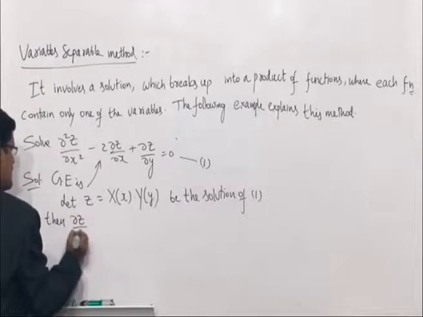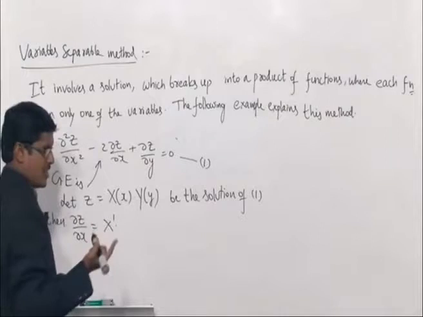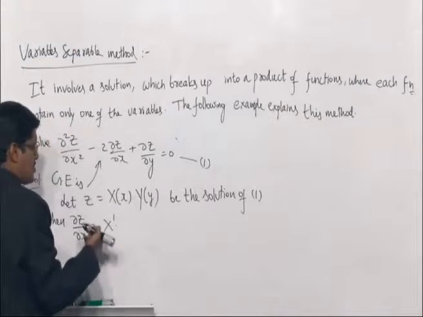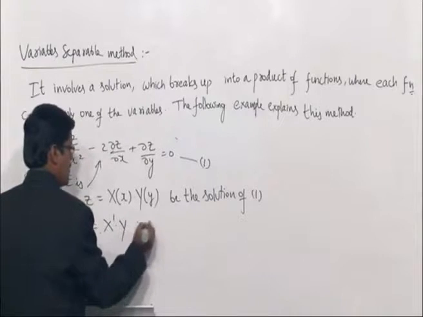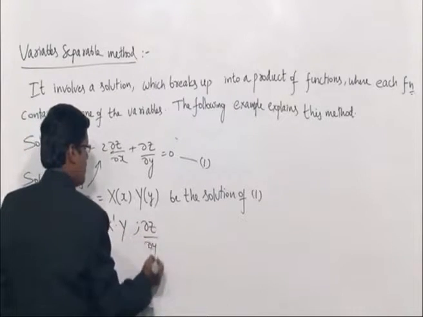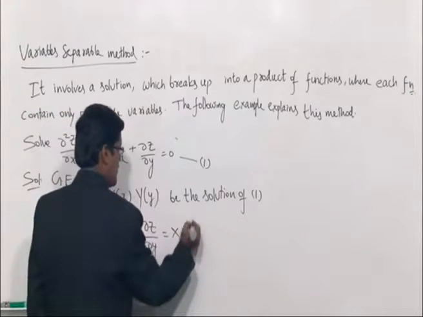What is del z by del x? Partially with respect to x, keeping y constant, the x derivative is capital X dash, because X is unknown right now; we are going to find it. Del z by del y, partially with respect to y keeping x constant, is X into Y dash.